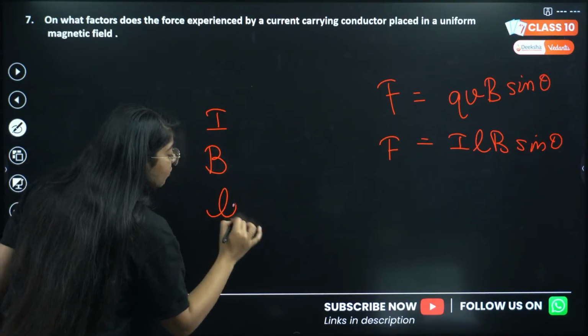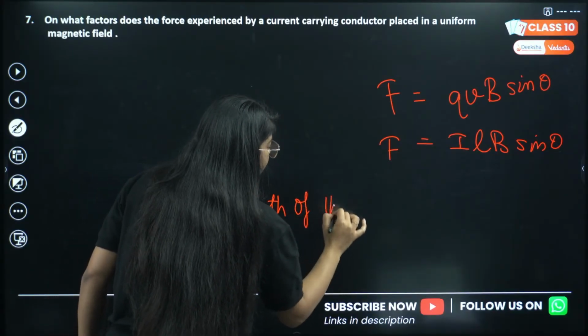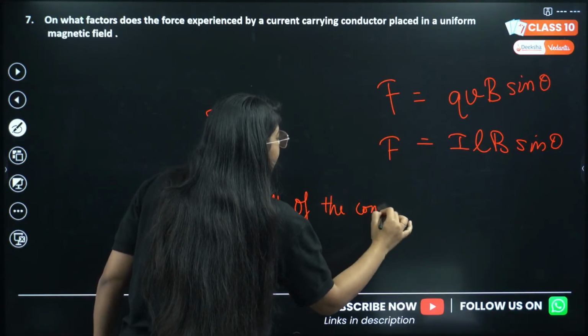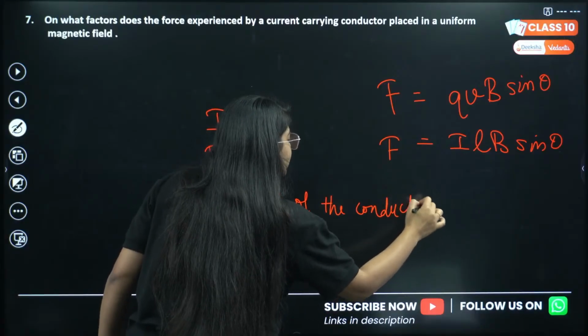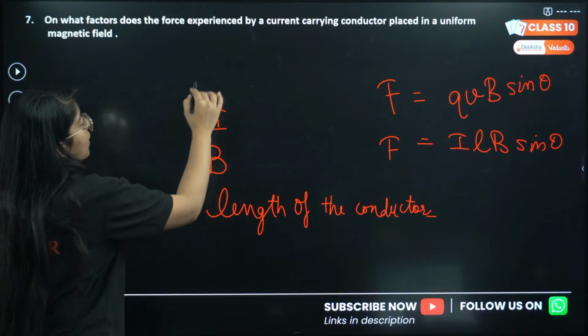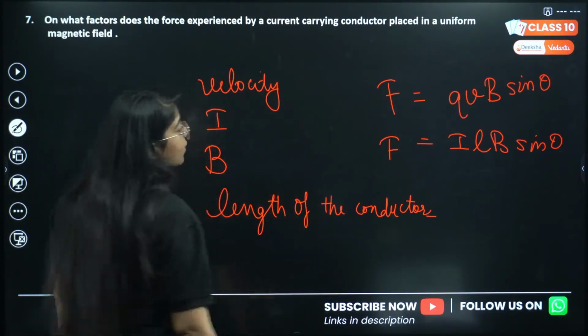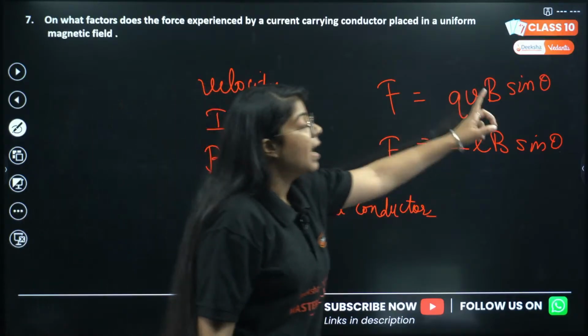And the length of the conductor will definitely affect the force experienced due to that magnetic field, correct? And the velocity of that conductor inside the magnetic field, correct? What else is left? Angle.